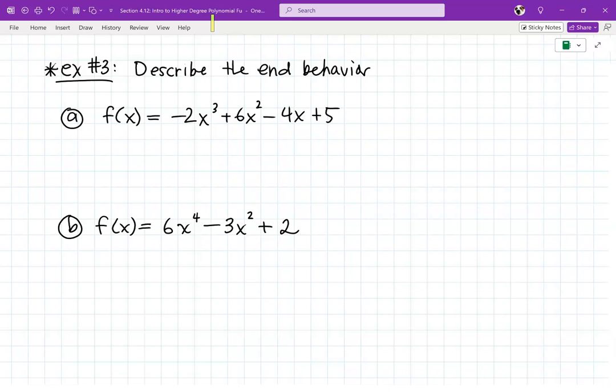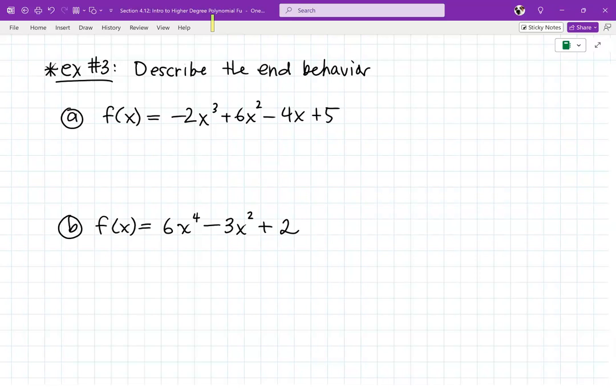For example number 3, it says describe the end behavior. In part A, they give me f of x equals negative 2x cubed plus 6x squared minus 4x plus 5. What's the degree on this one for part A? It's 3, so n is odd.